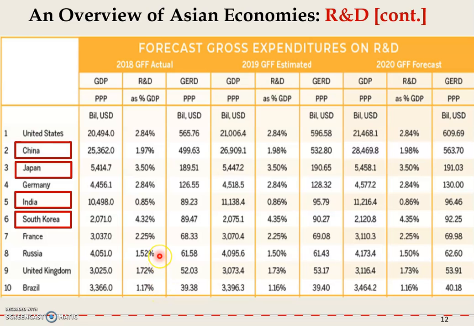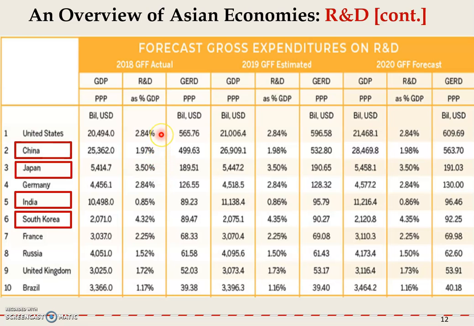Russia spent 1.52%, and Brazil spent 1.179% of its GDP. And then when we look at Japan and South Korea, the 2 developed Asian economies, you find that in terms of the share, their numbers are actually higher, or you could say much higher than the other developed economies on the list.